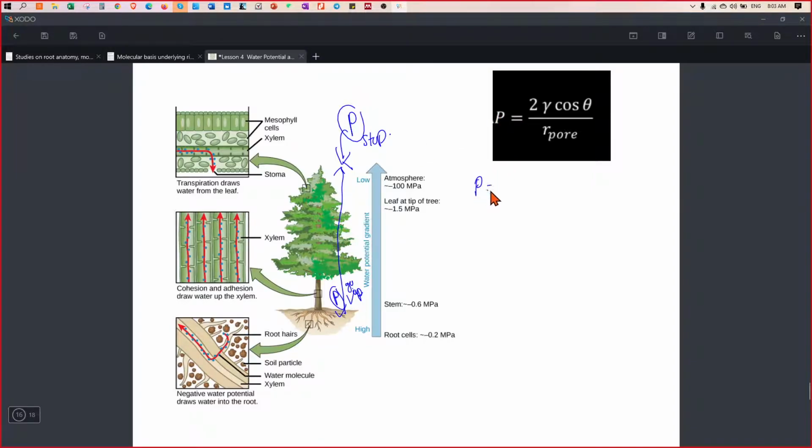P is the pressure, or sometimes people just call it the tension. 2 gamma, and again gamma is your surface tension.